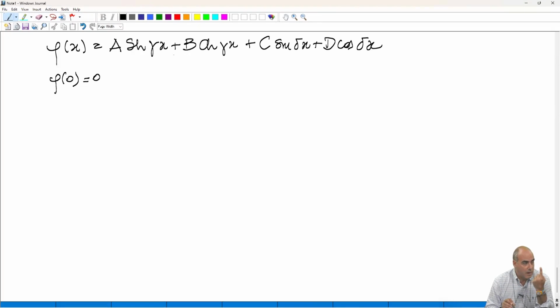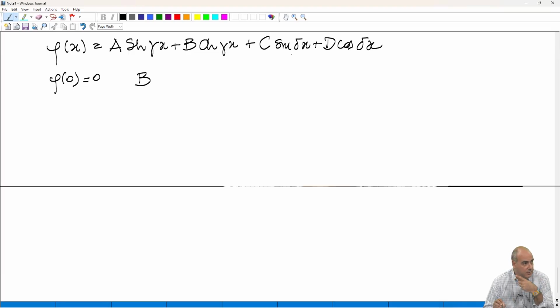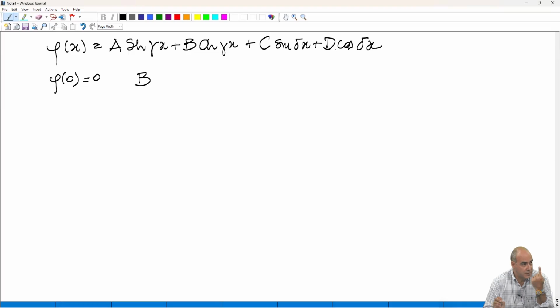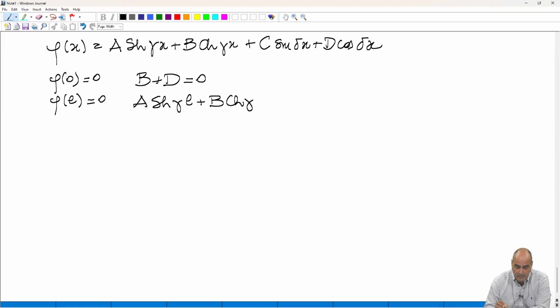The hyperbolic cosinus in 0 is 1, so it's B. The sinus of 0 is 0, so this disappears. The cosinus of 0 is 1, so B plus D equal to 0. If I write now the second kinematic boundary condition, phi in L equal to 0, I find A hyperbolic sinus of gamma L plus B hyperbolic cosinus of gamma L plus C sinus of delta L plus D cosinus of delta L.